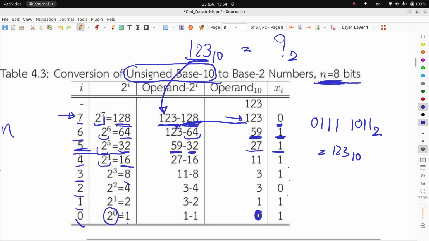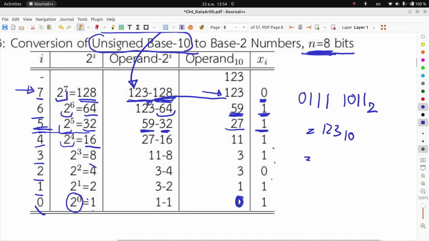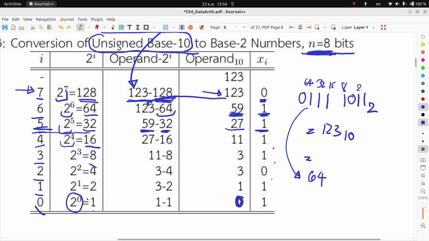Are we cool? In other words, you can visualize it as 64 plus 32 plus 16 plus 8 plus 2 plus 1. Cool?